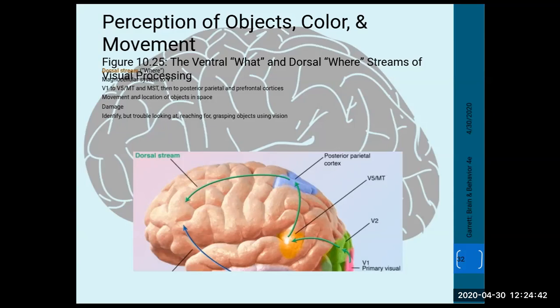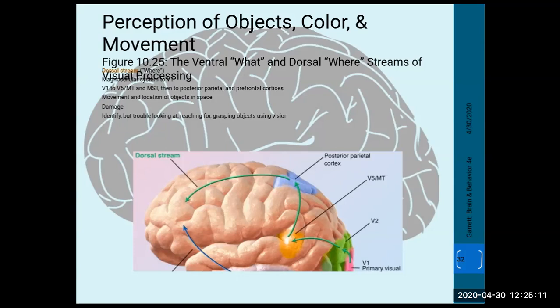So that idea of going up to V1 to this area called V5 or MT, which is medial temporal area, which is sort of the angular gyrus too. And it goes, instead of across, it goes up to the posterior parietal lobe. If you recall from earlier lectures, the posterior parietal lobe, the parietal lobe itself from chapter 3, was about paying attention to stuff and knowing where we are in space.